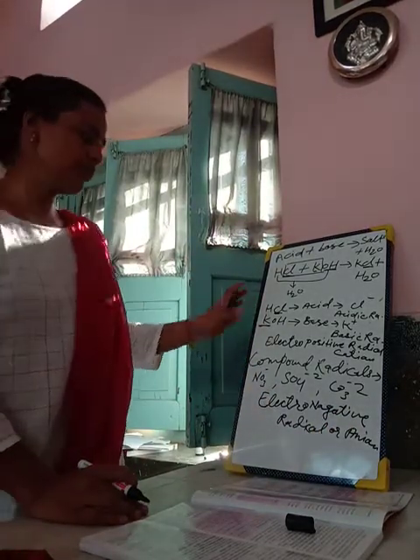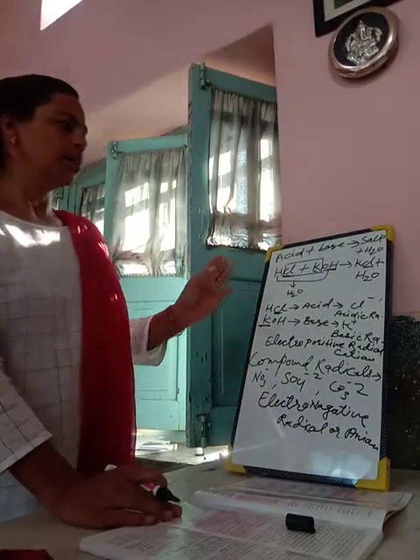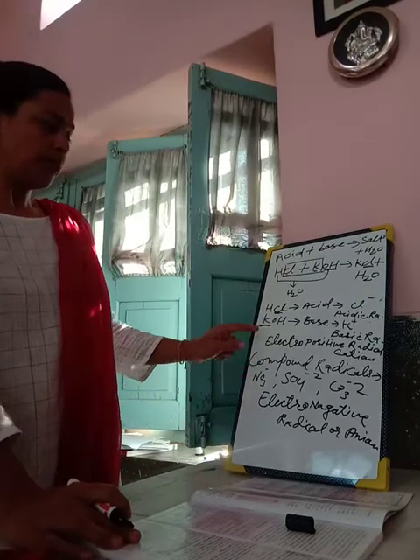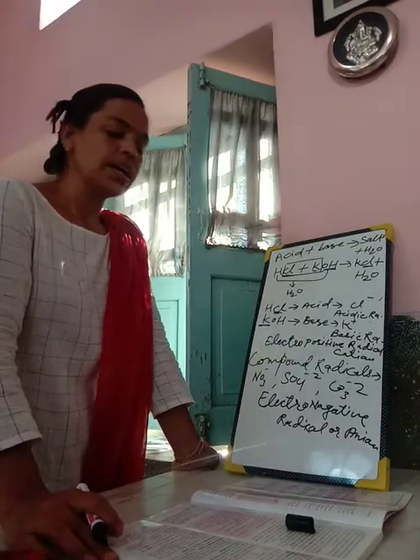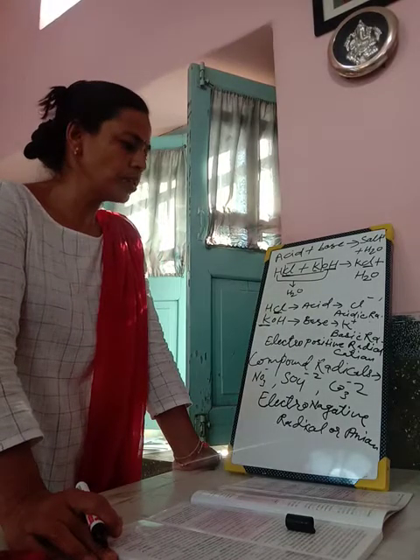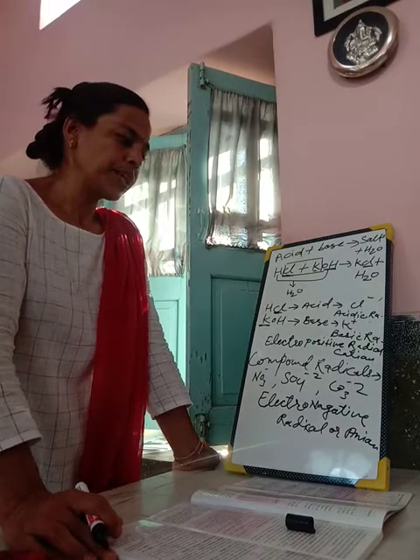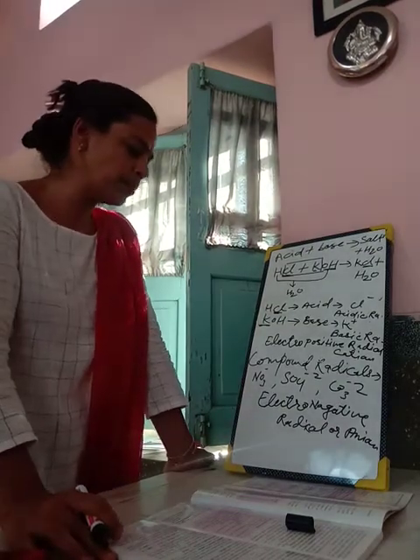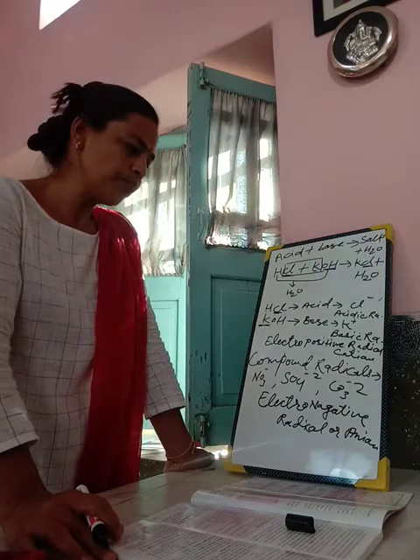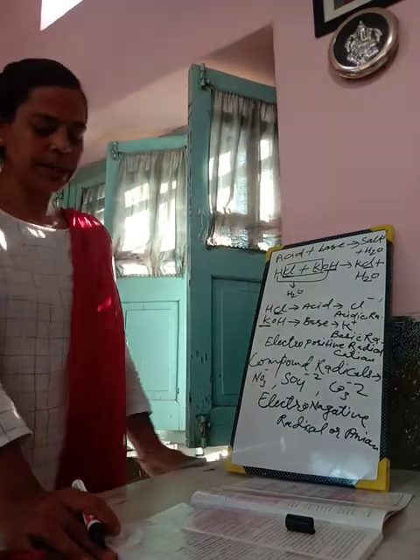Here are two terms, basic radical and acid radical. Basic radicals are known as electropositive radicals, and the other name of electropositive radical is cation. The negatively charged radicals are known as electronegative radicals or anions.